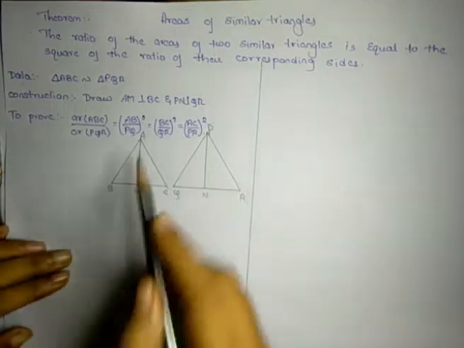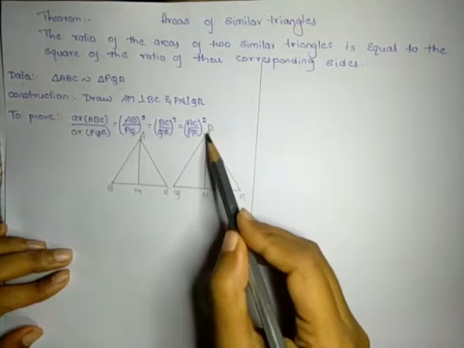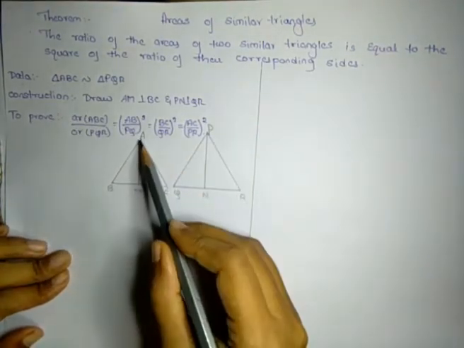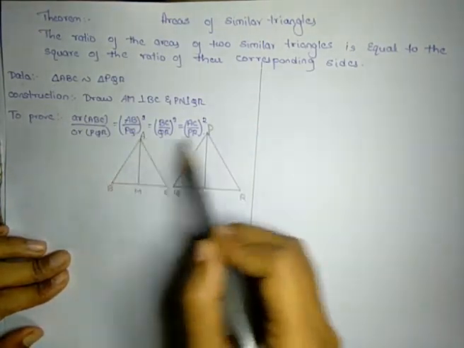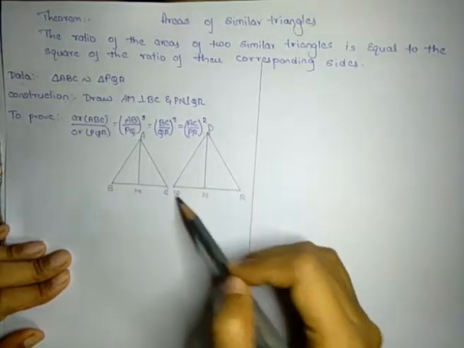Here they have given a triangle ABC and triangle PQR, right? They have said the areas of these two triangles are in a ratio.